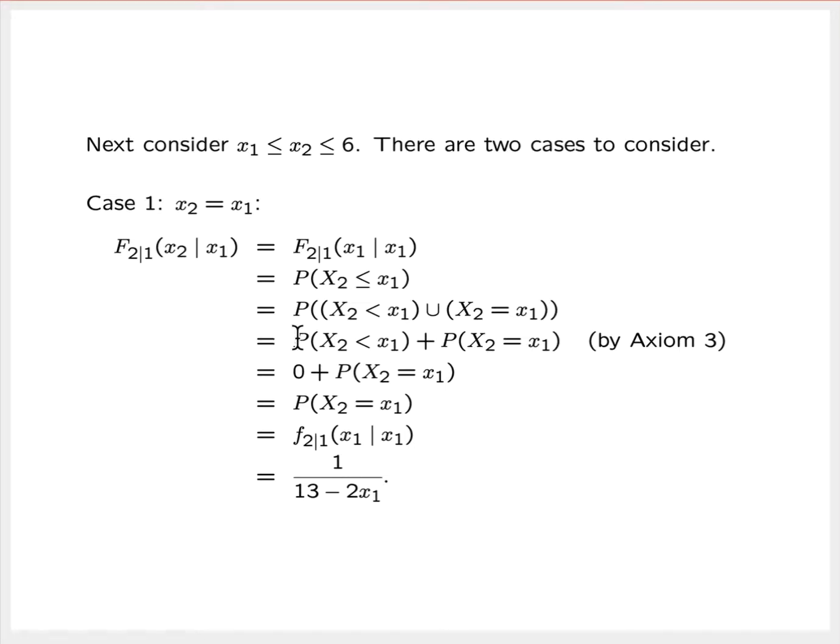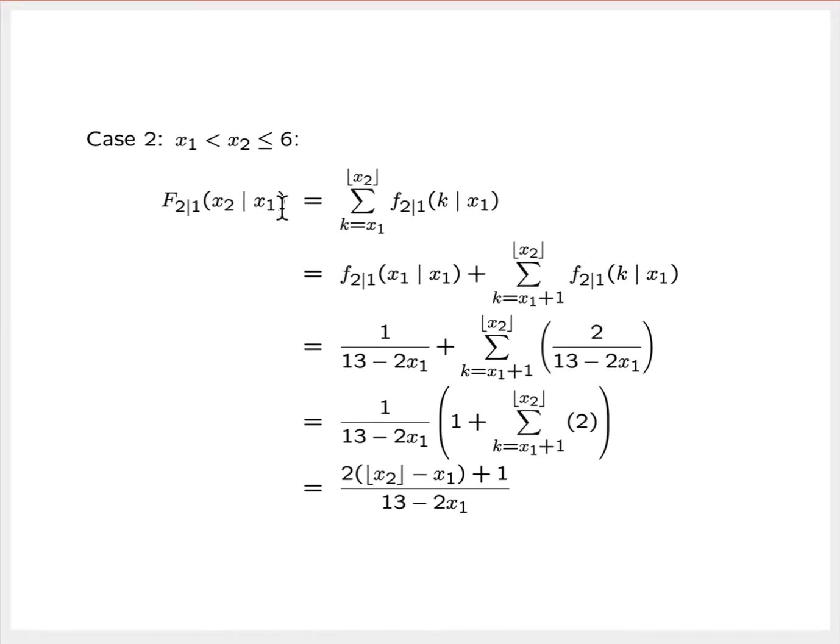Now, the probability that x2 is less than x1 is 0, and so we're left with the probability that x2 is equal to x1. This is given by the value of the conditional PMF of x2 given x1, which is 1 over 13 minus 2 times x1. So that is the value of the conditional PMF of x2 given x1 when x2 is equal to x1.